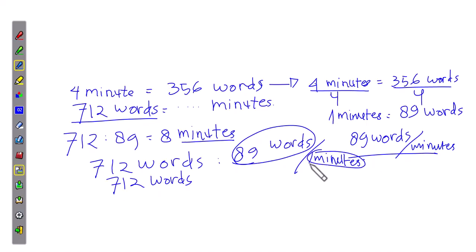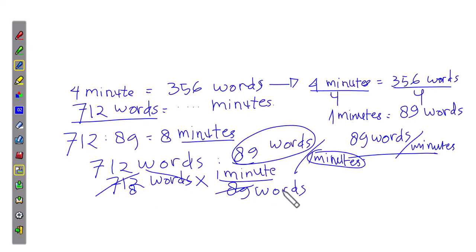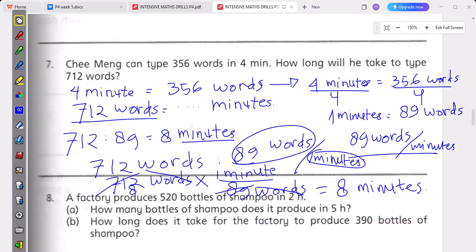So this is 1 minute, times 1 minute over 89 words. So we got 89 and 712, we have here 8, and we can eliminate the units, words and words. We will have 8 minutes. So Chimeng can type 712 words in 8 minutes.